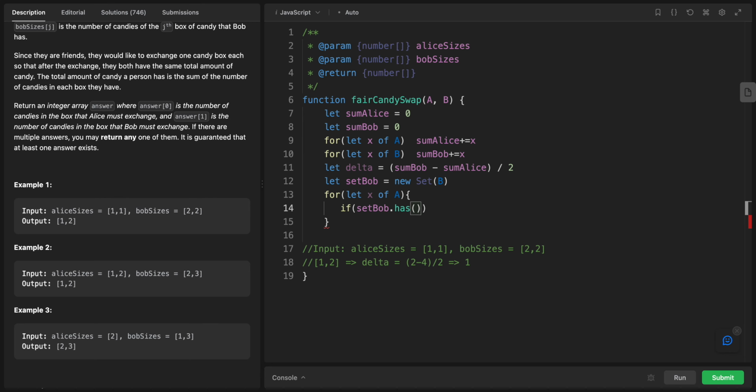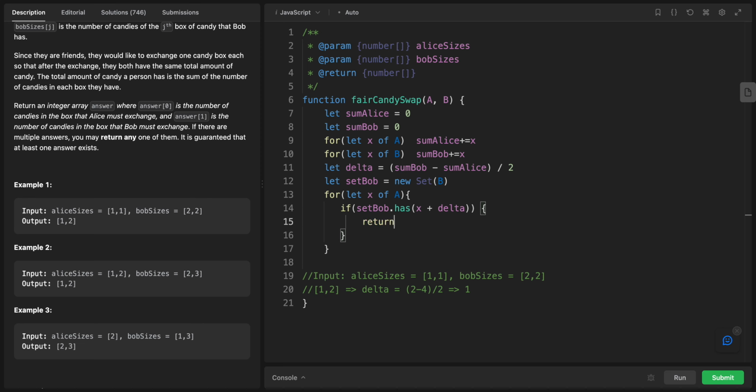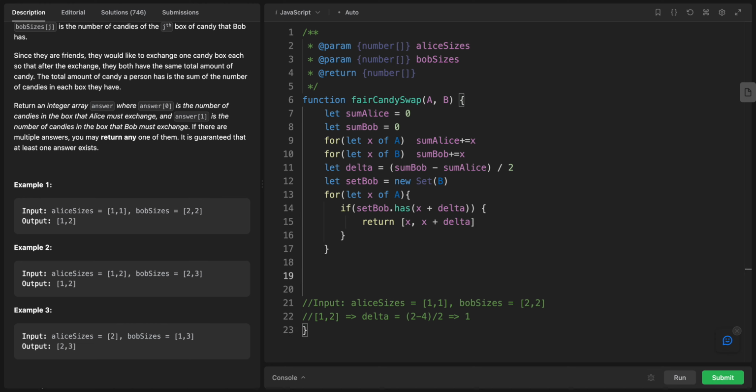So if set Bob has x plus delta, that means we found our number, so we return x and x plus delta. And if we didn't find anything, we throw a new error: no solution.